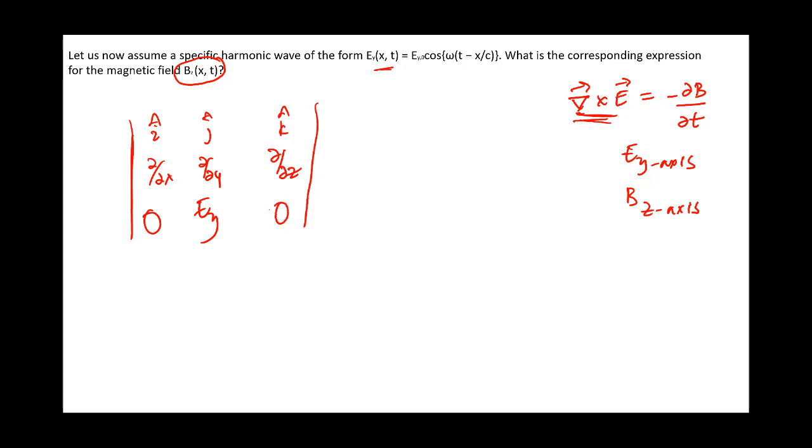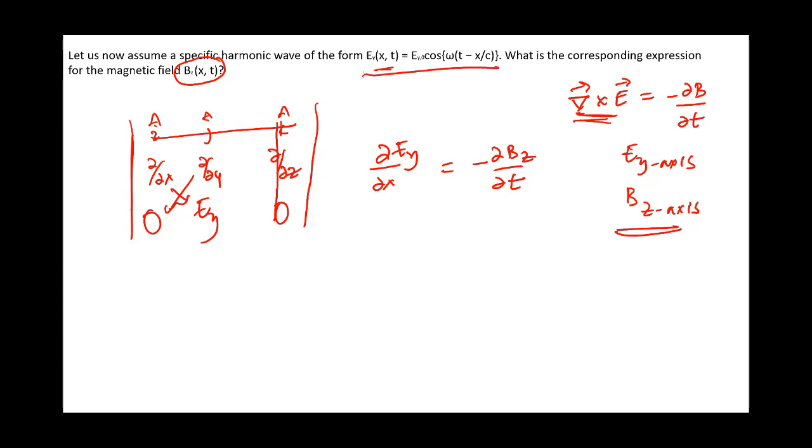And we are only looking at the z component of B. So that would be dou by dou x of EY and minus dou by dou y of 0, so that is 0. So this is going to give you minus dou BZ by dou t, right?